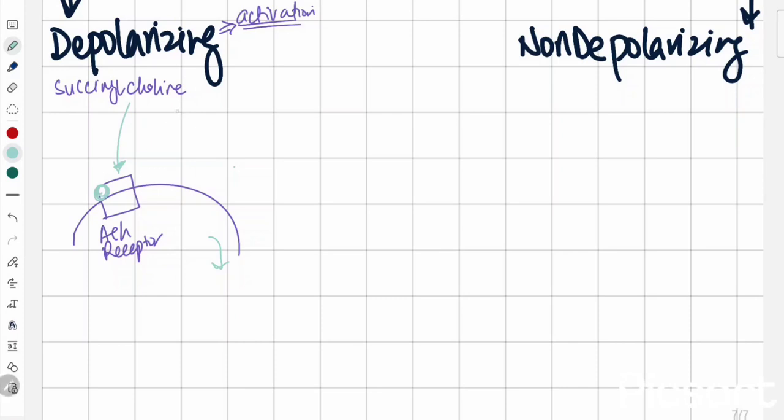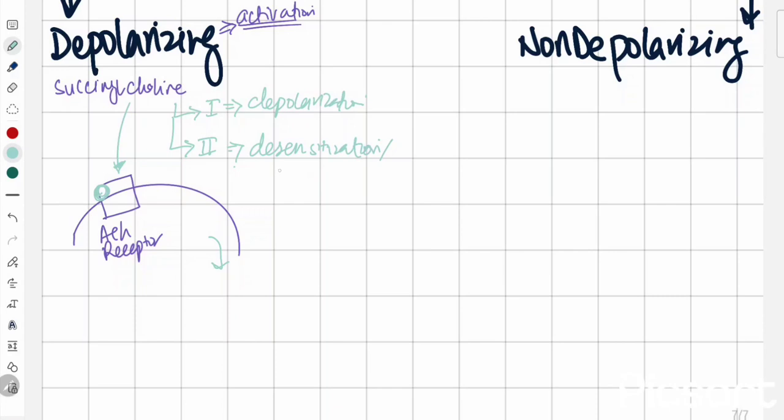Now the thing to notice is that this mechanism of action is really fishy. So we're going to have phases right here. There are two phases. The one is the depolarization phase and the other is the desensitization or repolarization phase.